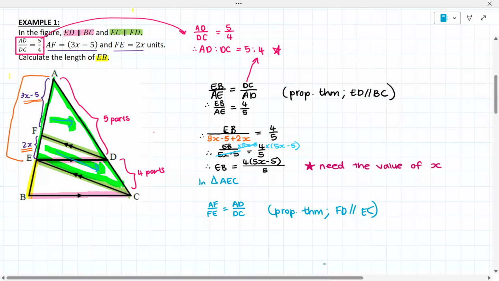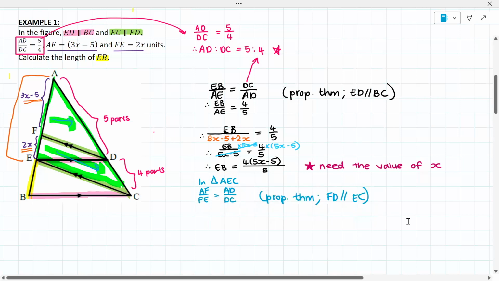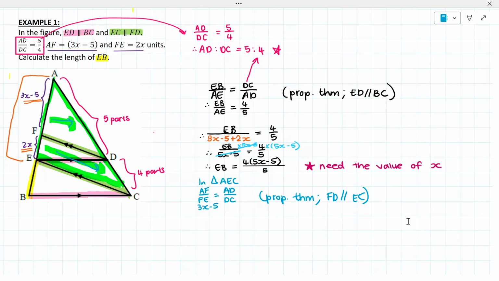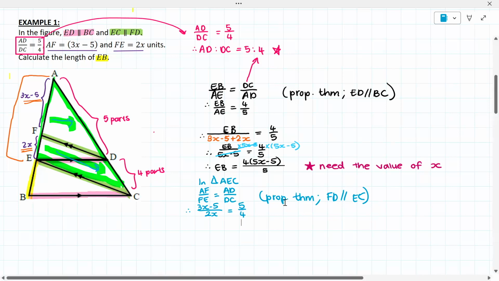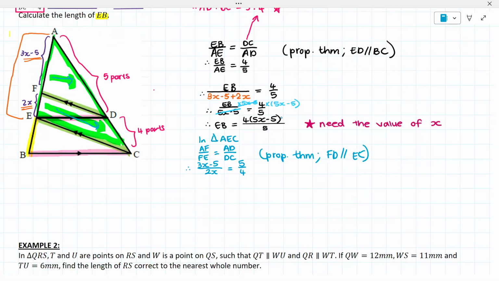And now once again, much like I did before, I'm going to start to fill in the information. So AF was 3x minus 5. FE was 2x. And remember, AD over DC, if you look back in the pink, was 5 over 4. And now this is an equation that I can go and solve. So if I go and solve my equation for x, remember I'm going to cross multiply here.